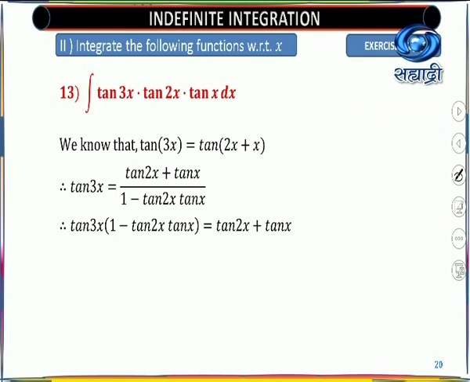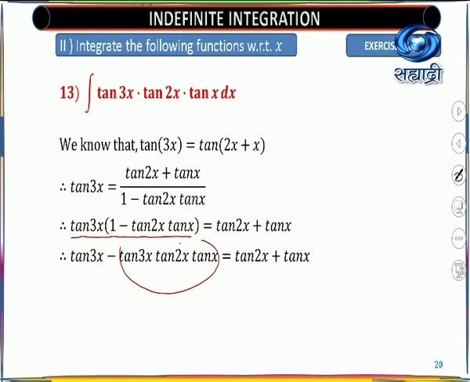Product is tan of 3x into the complete denominator, that is 1 minus tan 2x into tan x, equal to tan 2x plus tan x. Now here you need to multiply by tan 3x. If you multiply by tan 3x, you will get tan 3x minus tan 3x tan 2x tan x equal to tan of 2x plus tan x.